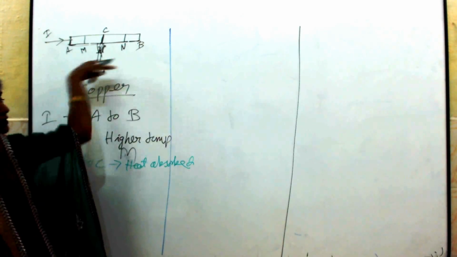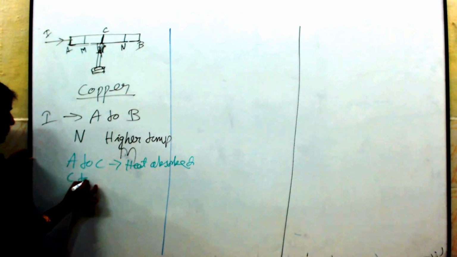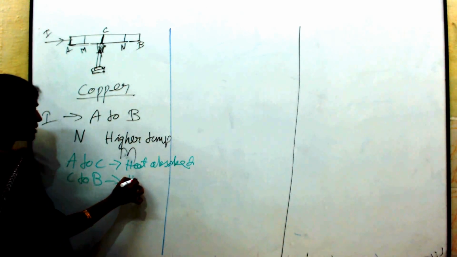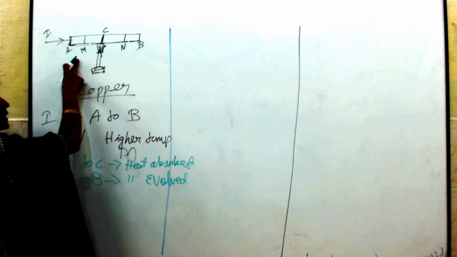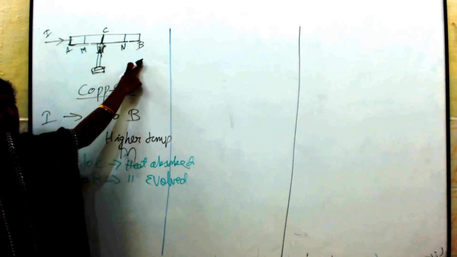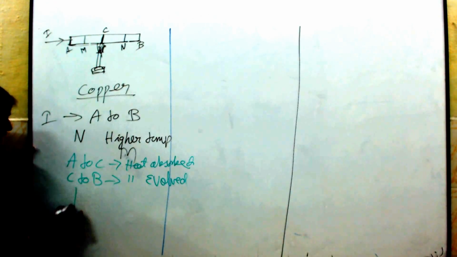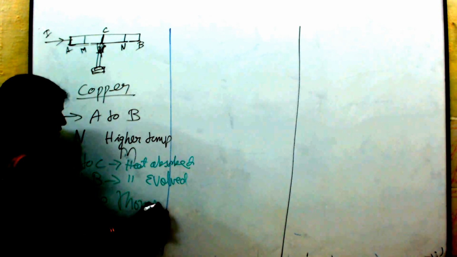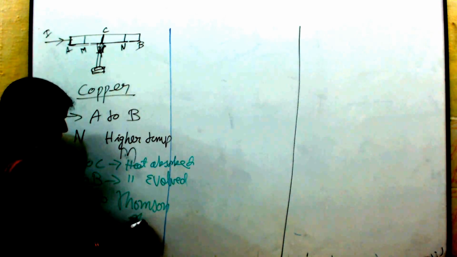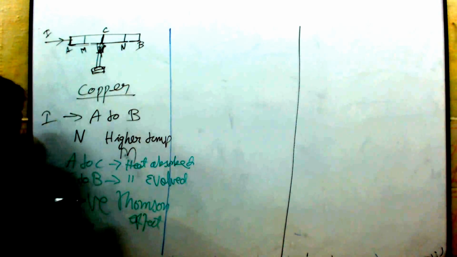Because current is flowing in this direction. From C to B, heat is evolved or liberated. So this will become cool and this will become hot. So this effect we call the positive Thomson effect.